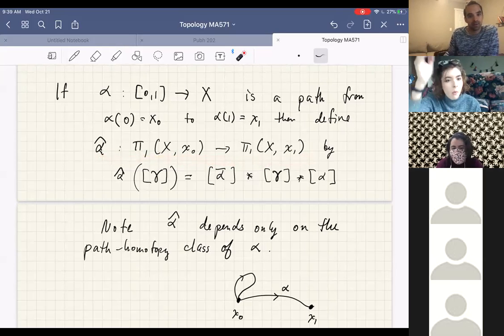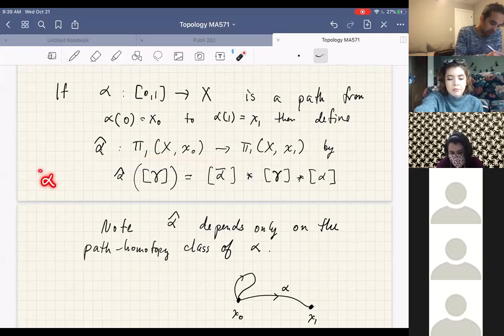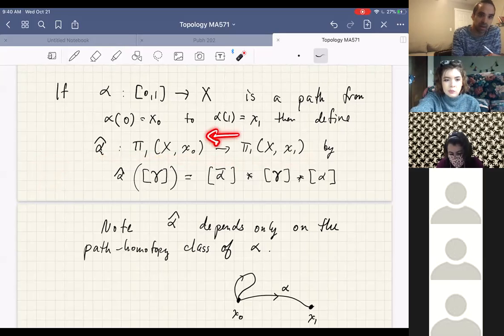It'd go like alpha, gamma, alpha inverse, alpha bar. Yeah, that's correct. That's basically saying the inverse is given by the inverse of alpha hat, right? You'll get the formula you just said if I do that. That would be a map going like that, because alpha inverse is a path from x1 to x0.